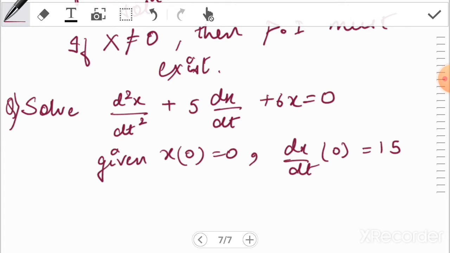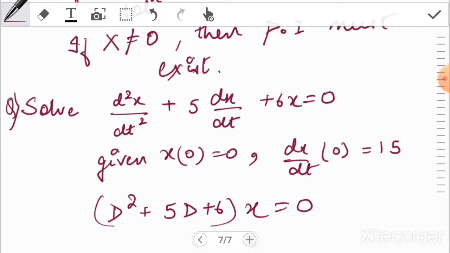These are given to find out the constants obtained in the complete solution. In symbolic form we can write this equation as (D square plus 5D plus 6)x is equal to 0.